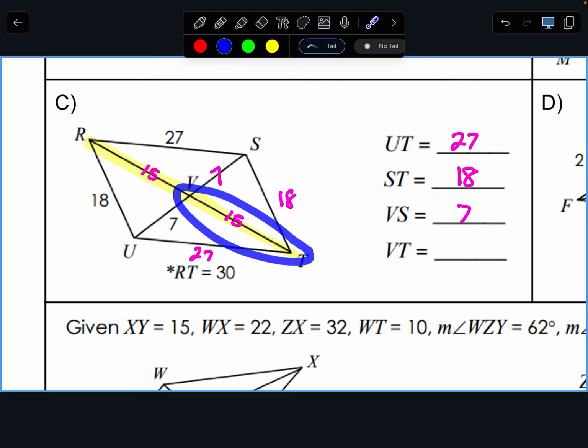And VT, 15. The only way you know how to solve that is if you remember those 5 properties. Opposite sides parallel, opposite sides congruent, opposite angles congruent, same side supplementary, and diagonals bisect each other. But then, the hardest thing we had to do was divide by 2.